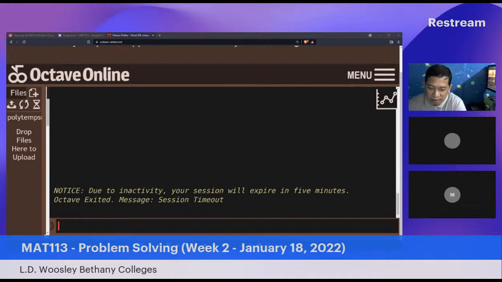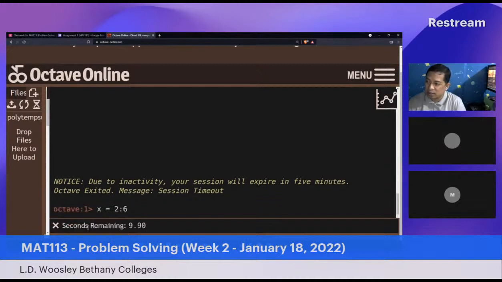I think these are self-explanatory, no? So under the curve fitting, we have this command. For instance, the value of x. Can you see the command line? Yes, sir. Value of x is from 2 to 6, so we are creating values from 2 to 6. If I do not put a semicolon, it will generate values 2, 3, 4, 5, 6.